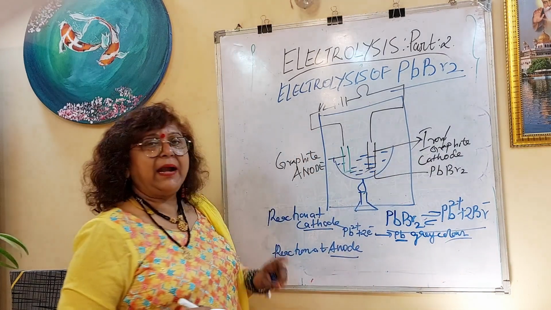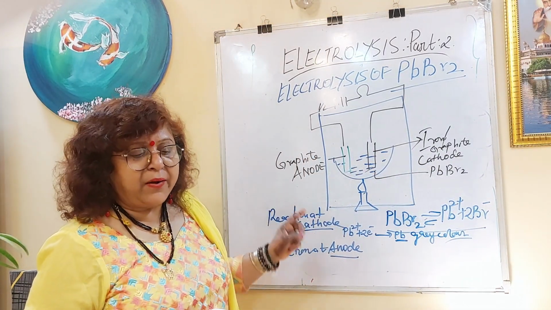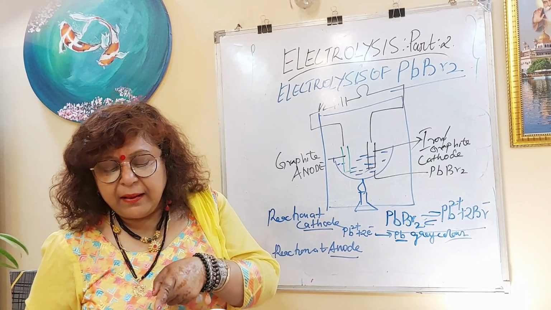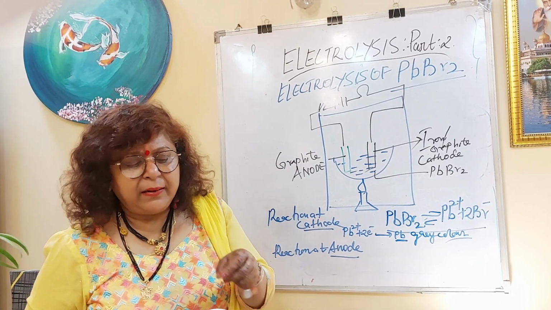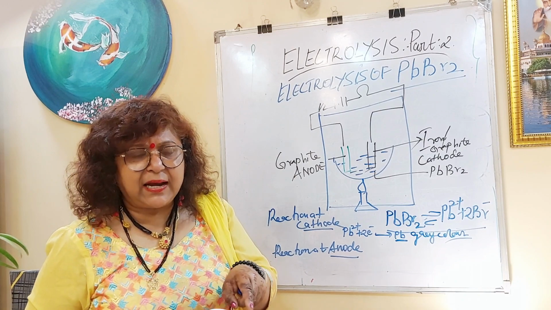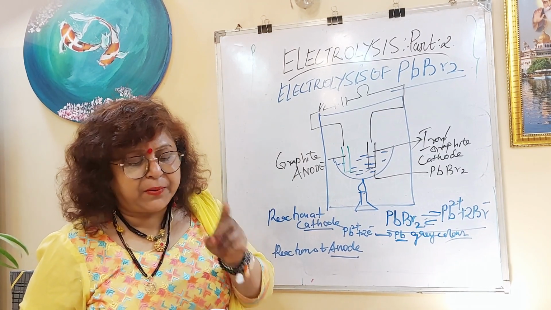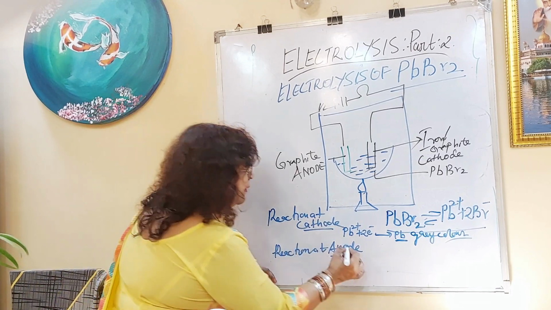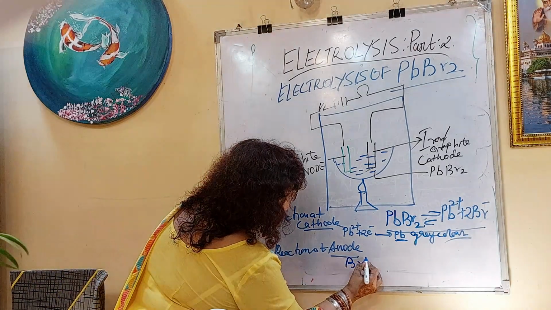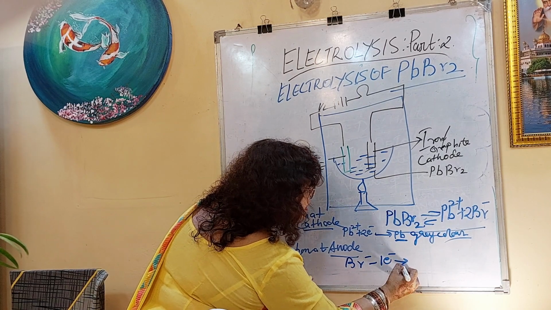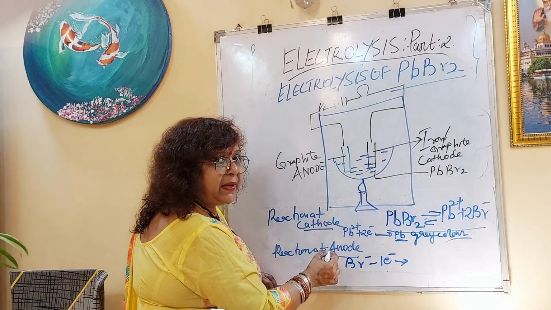Okay, at cathode. Now what happens at the anode? The bromide ions are discharged at the anode. The bromine vapors are formed there and they are reddish brown in color. Br- minus 1 electron, this is happening at the anode.